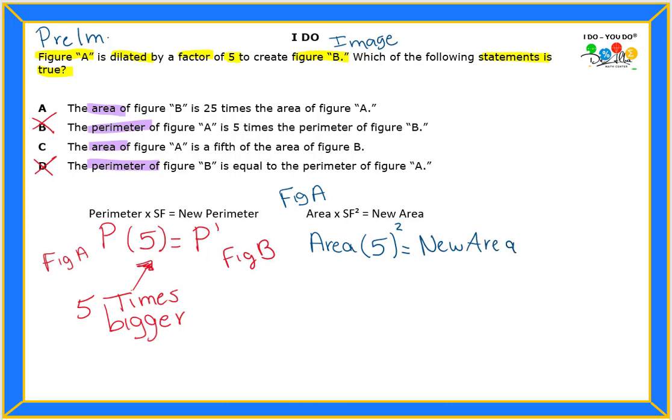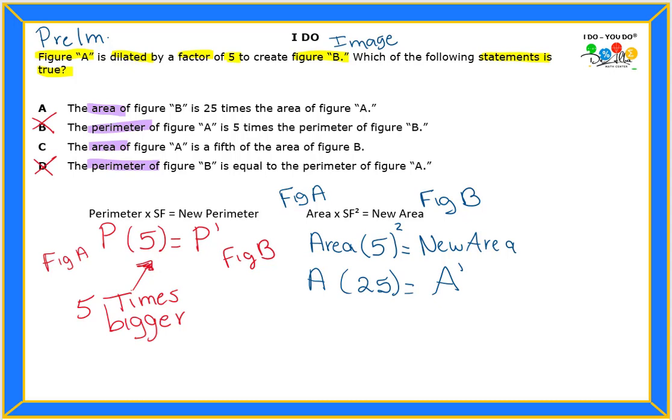And this will be the area for figure B. So I can actually multiply 5 times 5 because that's what 5 to the second power means. So basically it will be area times 25, and that will give me my prime area, or the area for figure B. So let's look at the two statements for area.